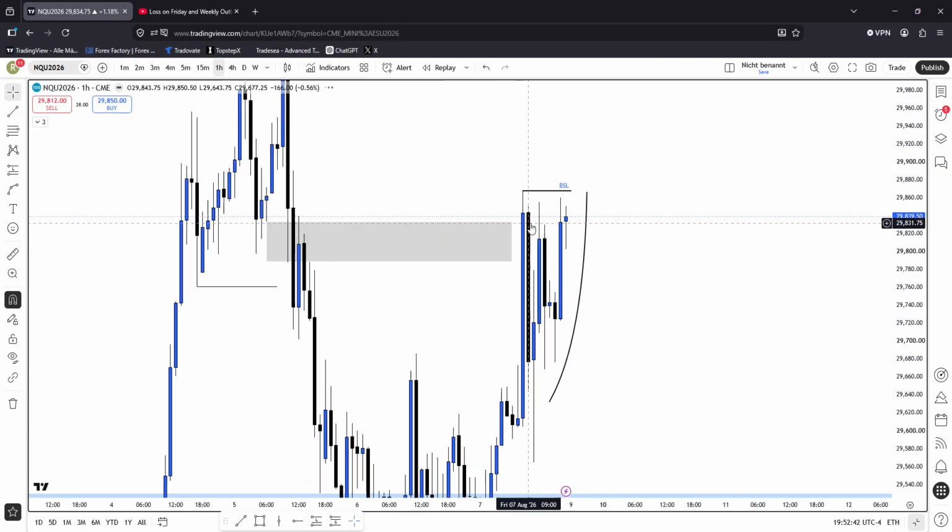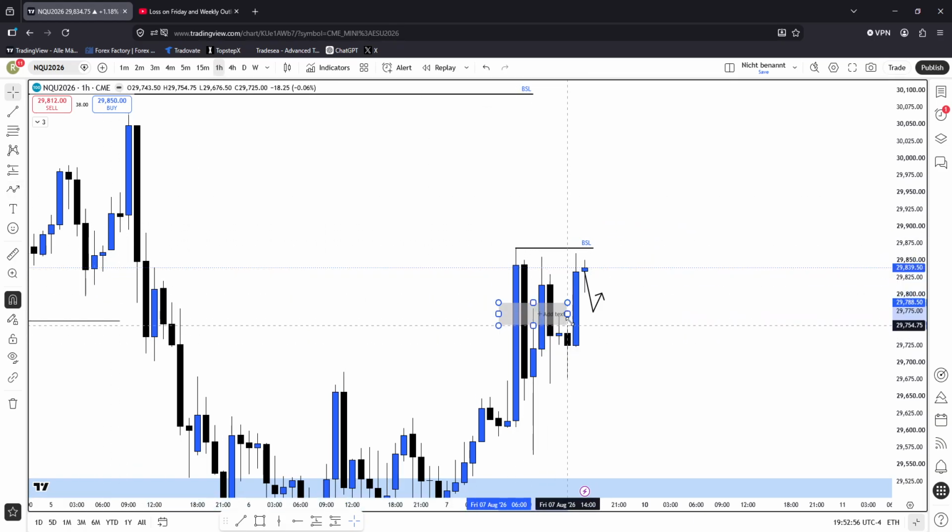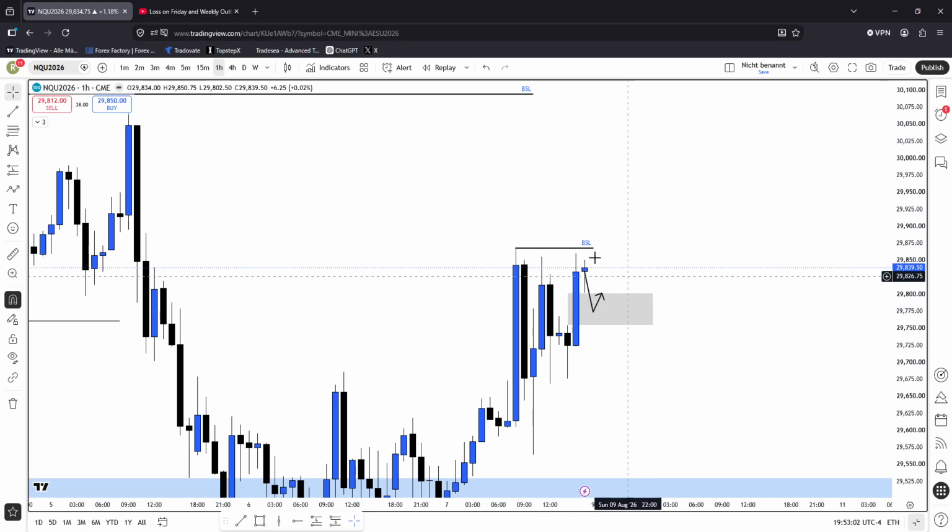And best case scenario for me would be if we would retrace inside this bullish fair value gap before we take out this buy side liquidity here. That would give us an opportunity to participate in longs, but only if we don't get a sweep of this buy side liquidity here.